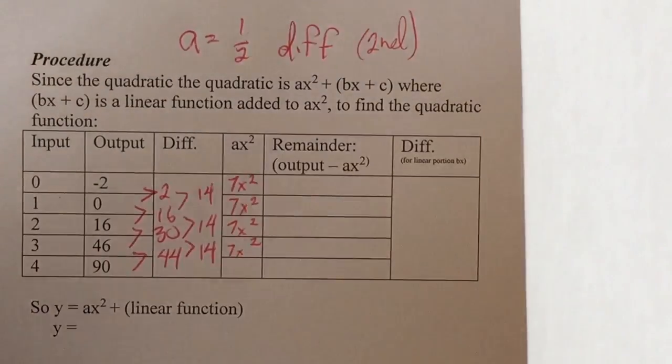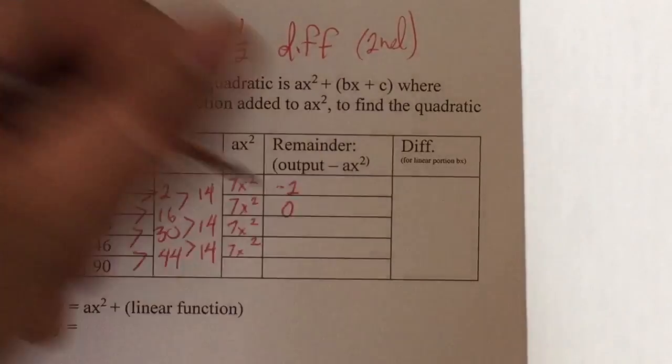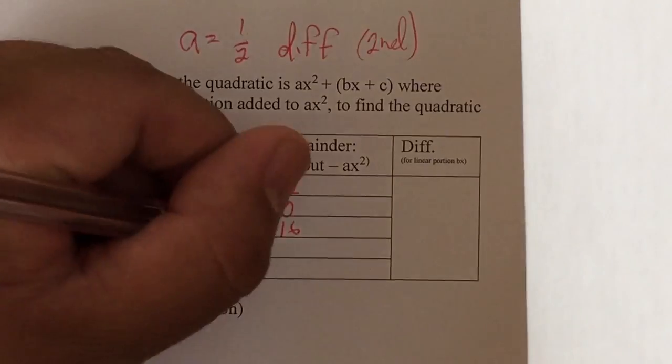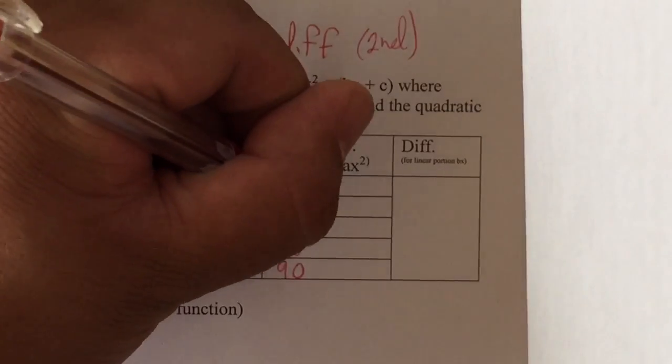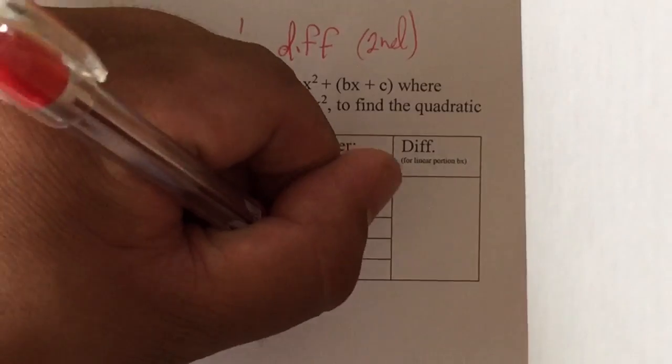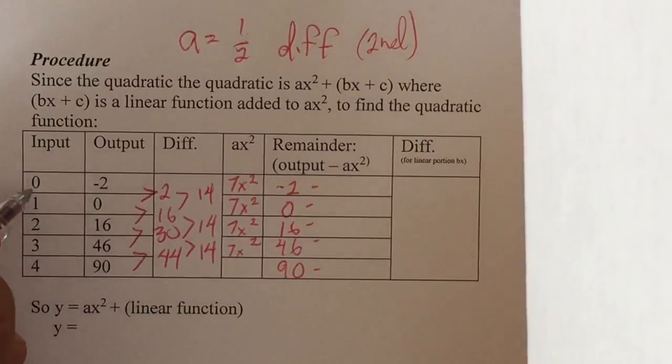So we're going to have all these outputs, 16, 46, and 90, and we're going to subtract ax squared. So we're going to plug in the x into the ax squared.